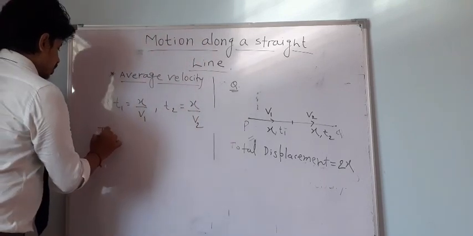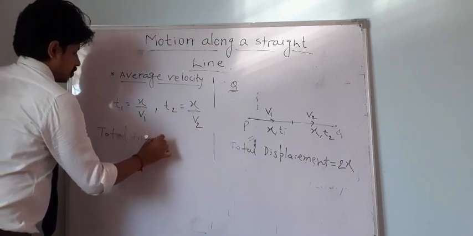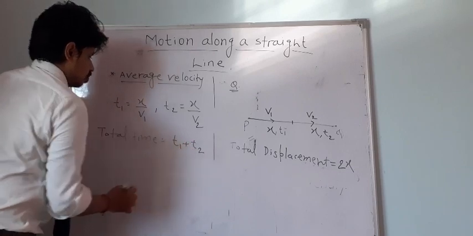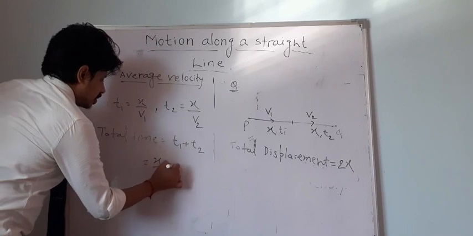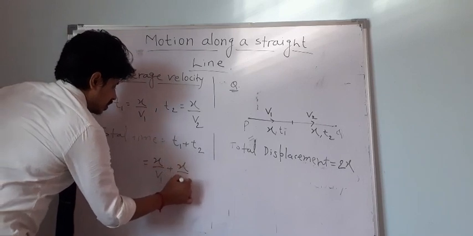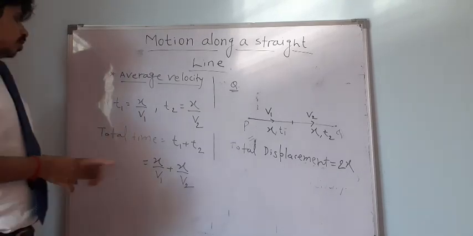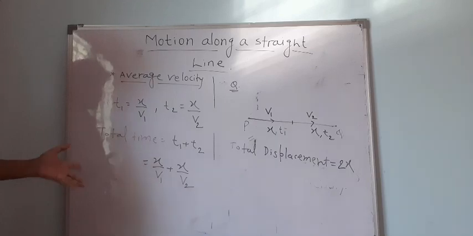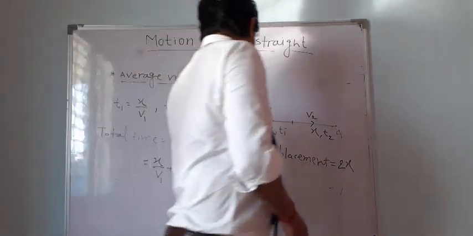So the total time is t1 plus t2, that is x by v1 plus x by v2. Now we have the total displacement and the total time, and we will take the ratio of these two to get the average velocity.